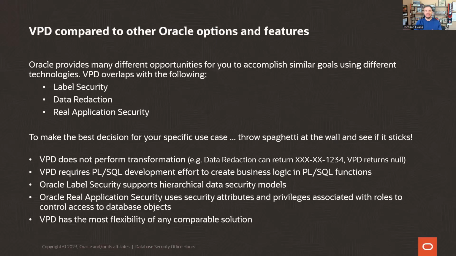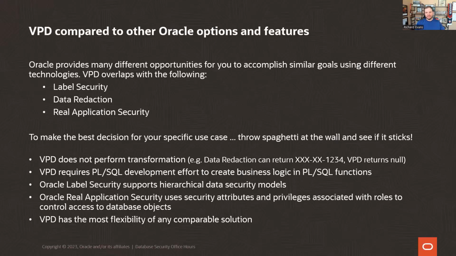You could probably write some business logic to get close, but label security allows you to create that. It hides a column on there. It gives it a numerical value, so you can do comparisons between rows and find the greatest lower bound and the least upper bound, and lots of really cool stuff that you can do with label security to do comparisons of maybe my clearance level versus your clearance level, or what I should have access to versus you. VPD, not so much.